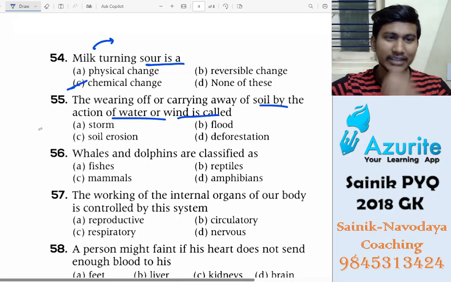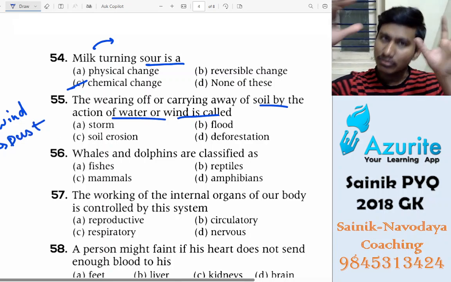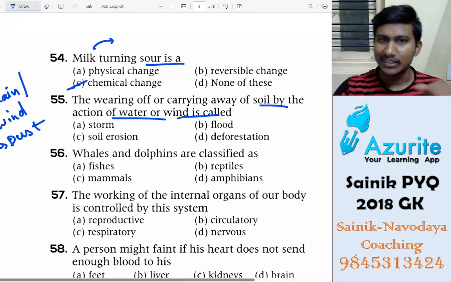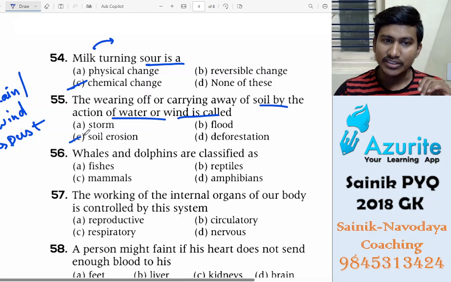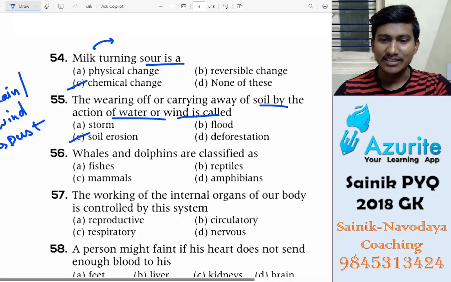You may have seen, when wind comes, the dust will be carried away, or when rain comes, dust will be carried away and it will become clean. That is what we call soil erosion. So option C is the answer.